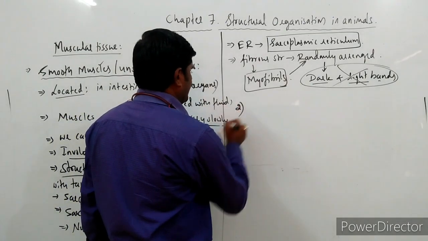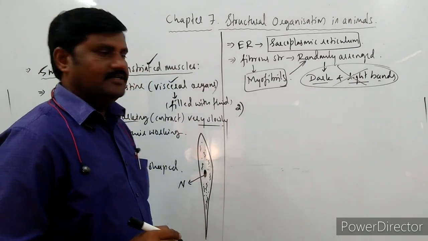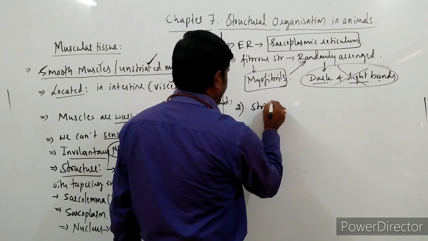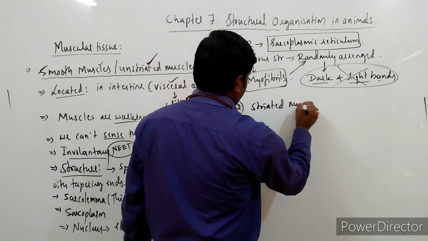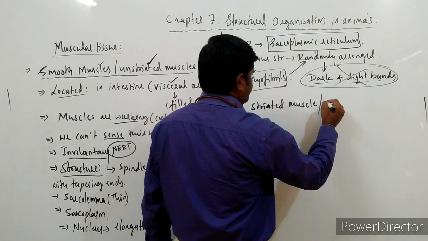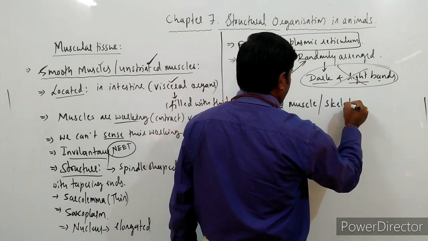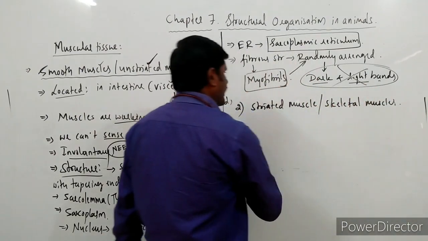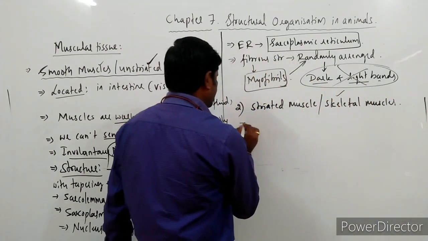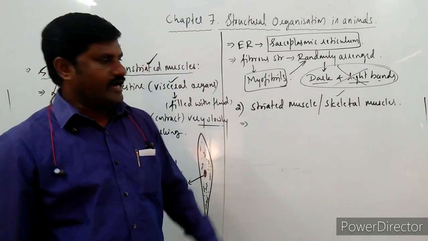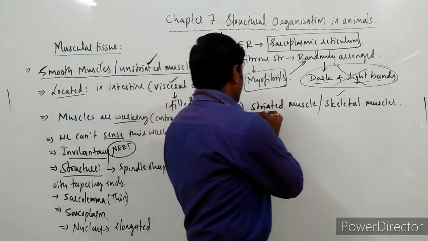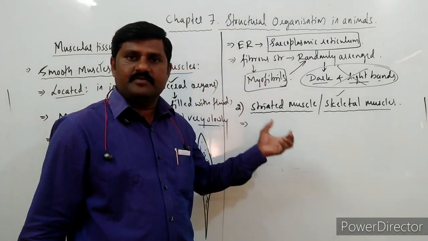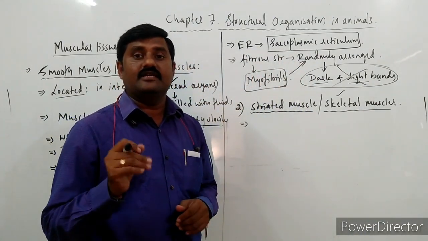Next, second type of muscle fibers. So they are striated muscles, or they are also called as skeletal muscles. Why these are called as skeletal muscles is the question arises. Why? Because these muscles are attached to the skeletal system.